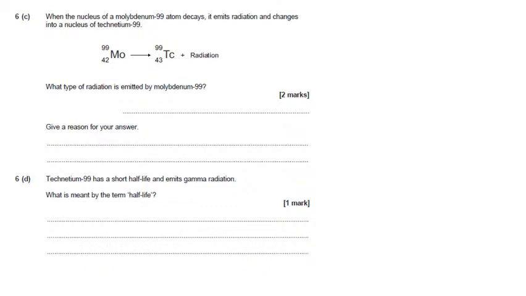6c wants us to recognise that while the total number of protons and neutrons has remained the same, the proton number has increased by 1 from 42 to 43.